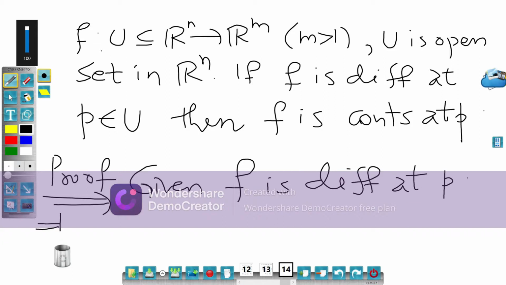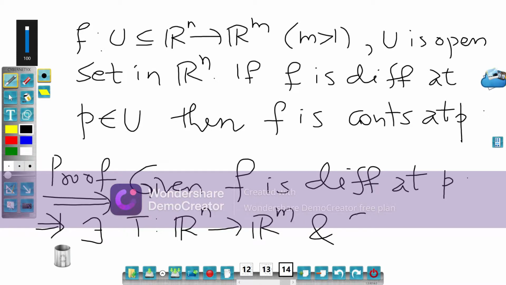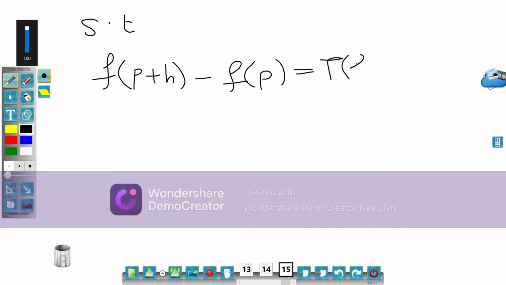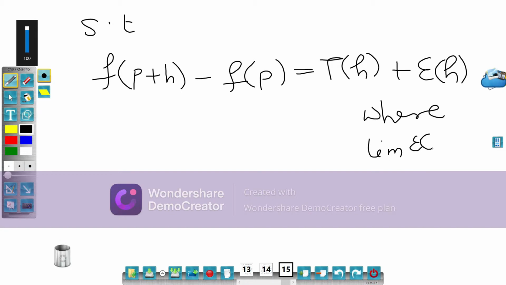So by definition there exists a linear transformation T from Rn to Rm and an error function E from Rn to Rm such that f(p+h) - f(p) = T(h) + E(h), where the limit of norm E(h) upon norm h goes to 0 as h goes to 0. Okay, so we have to prove that f is continuous.